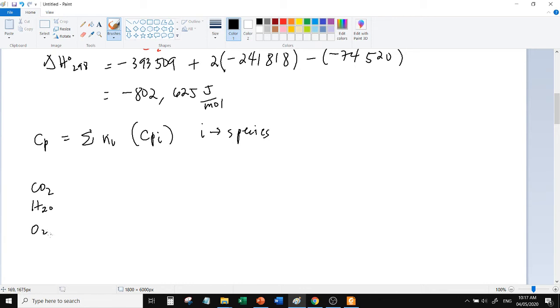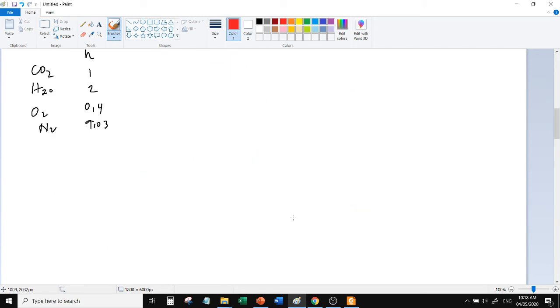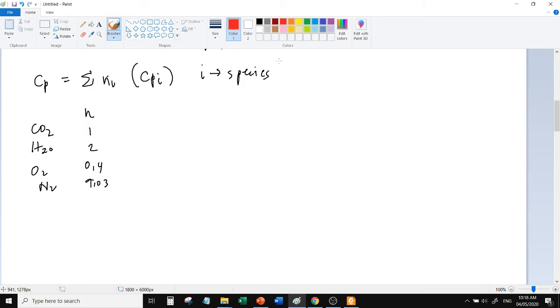Yung number of moles. So, yan yung number of moles, sa product. Number of moles.